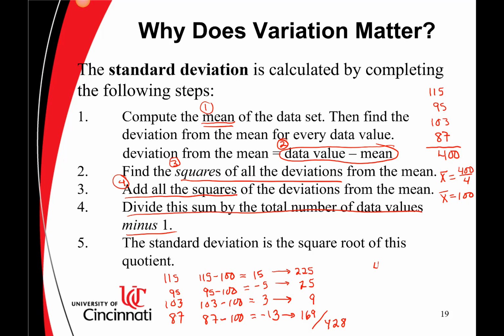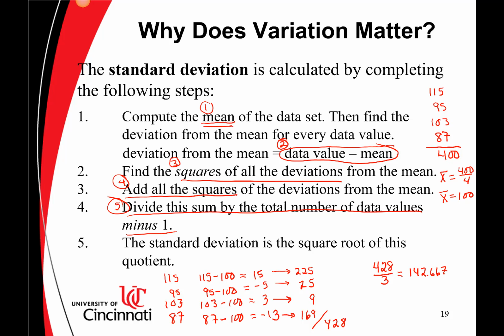It's going to be divided by 3. So we're going to do the 428 divided by 3. And that gives you 142.667.